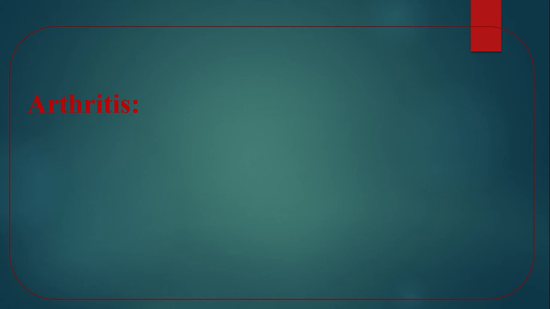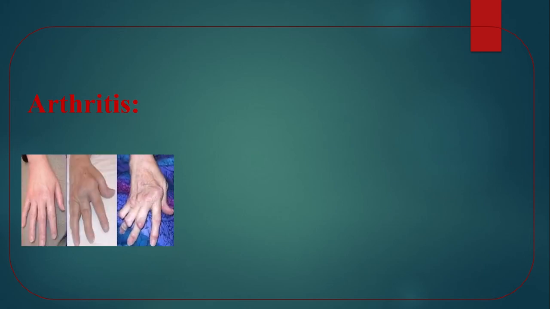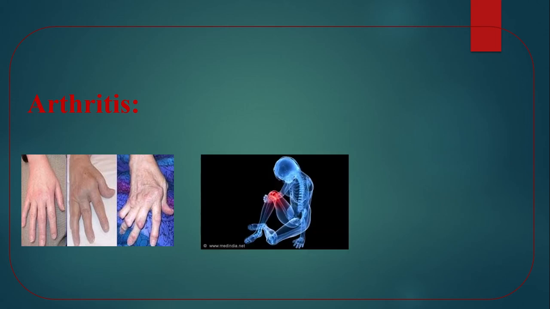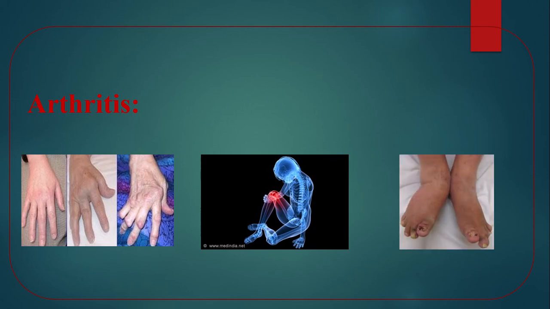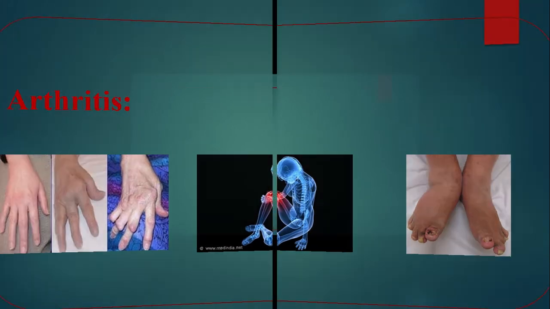Mostly the elders suffer from this type of disease. There are 3 pictures of arthritis. Abnormal structure of hand, joint pain, abnormal structure of leg. These are the 3 symptoms of arthritis.